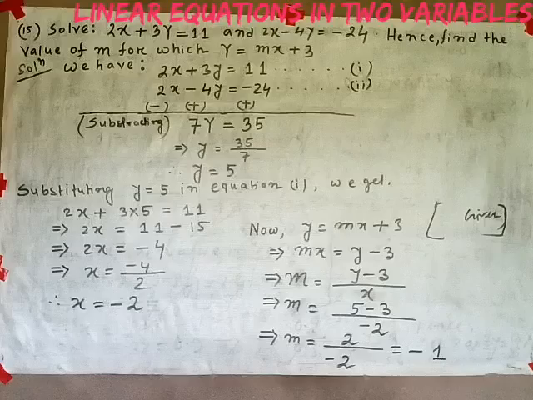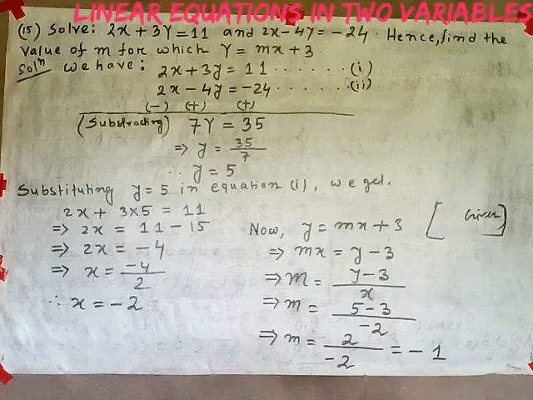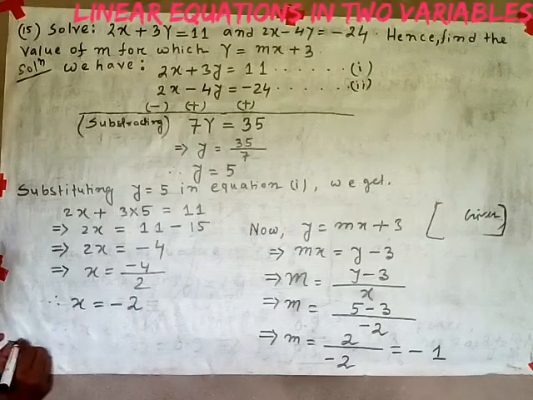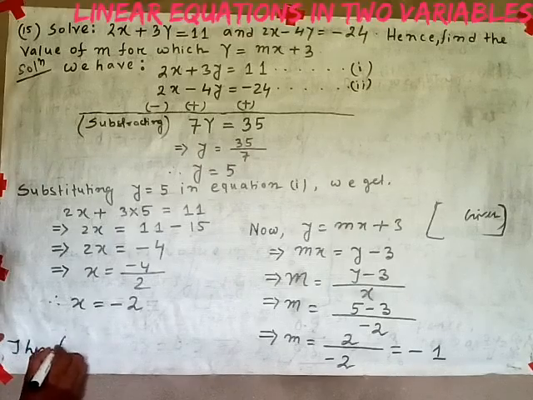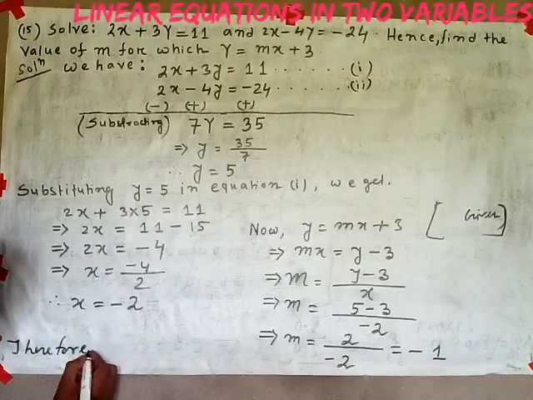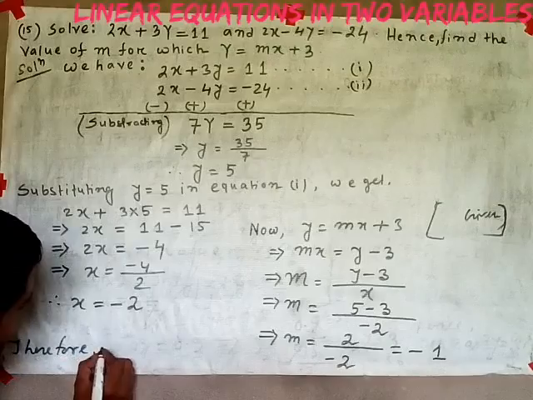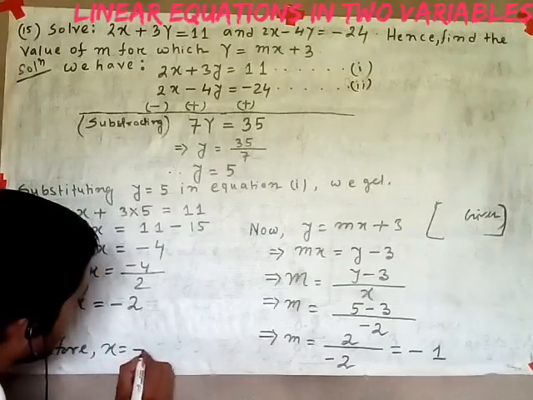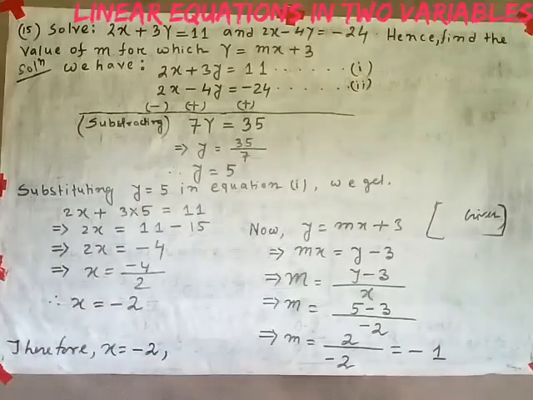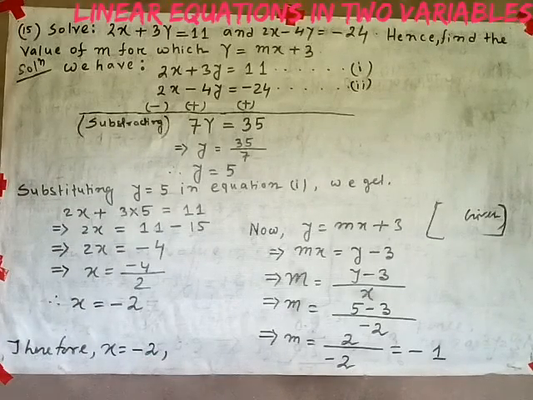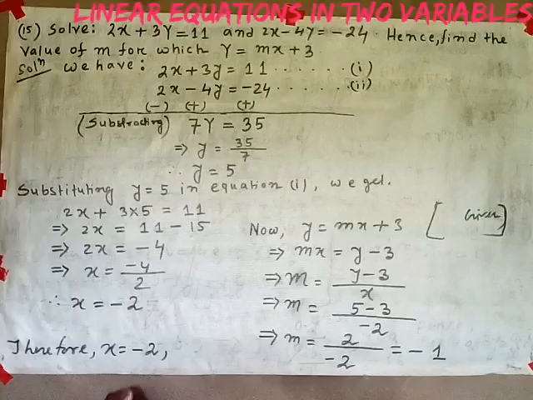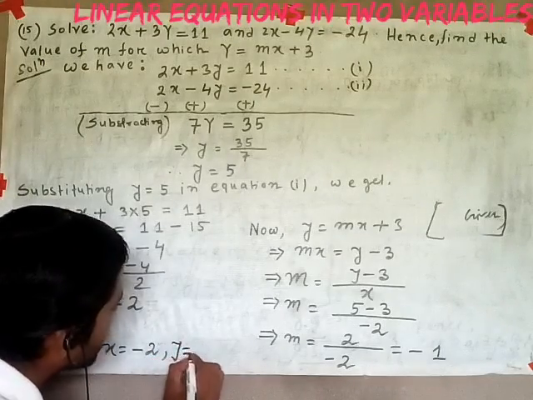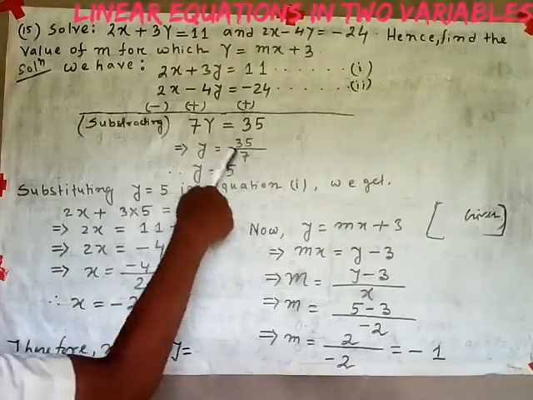So at last we can write what? Therefore what was the x value? X equal to minus 2. Y equal to 5.